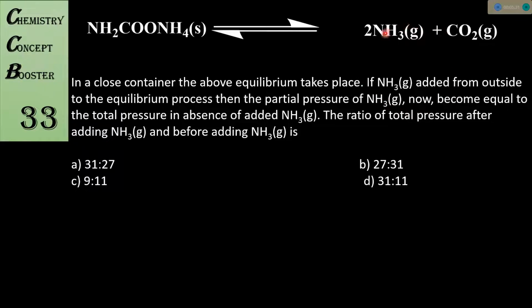The condition is that after adding ammonia gas, the new partial pressure of ammonia gas becomes equal to the total pressure of the gaseous species when we are not adding ammonia gas.